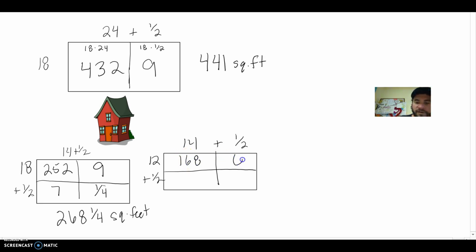Half of 12 is 6. Half of 14 is 7. And 1/2 times 1/2 is 1/4 again. So here we've got 168 plus 6 plus 7 is 181 square feet plus the quarter, 181 and a quarter.